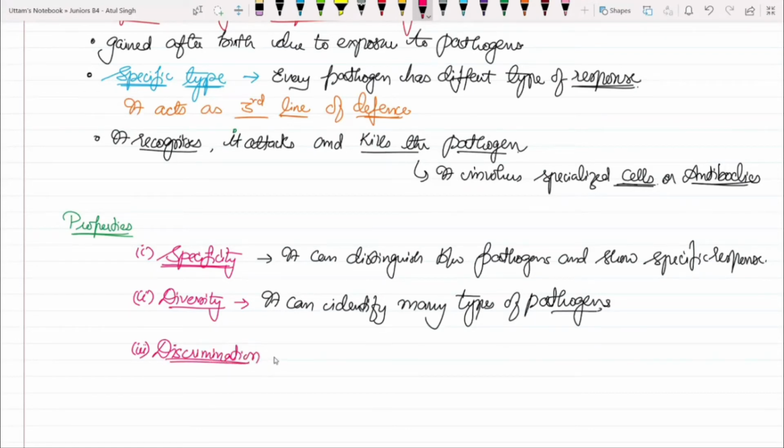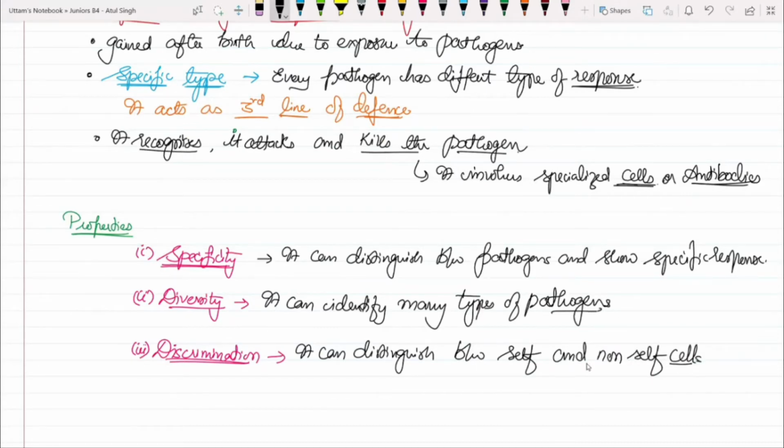Then there will be discrimination. Discrimination means it can distinguish between self and non-self cell. Self means cells of own body. Non-self cells means foreign cells, any bacteria or pathogen that comes from outside.